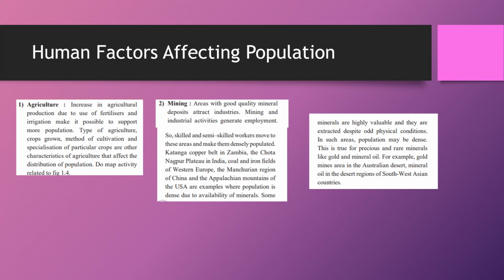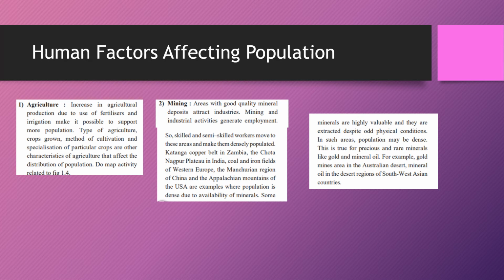The type of agriculture, crops grown, method of cultivation and specialization of particular crops are other characteristics of agriculture that affect the distribution of population. You can do the map activity related to agriculture, which is figure number 1.4.